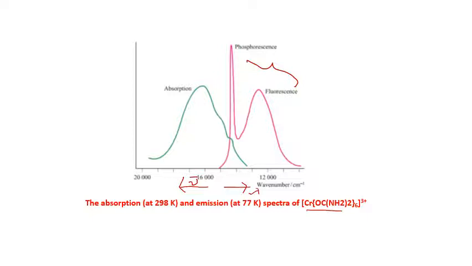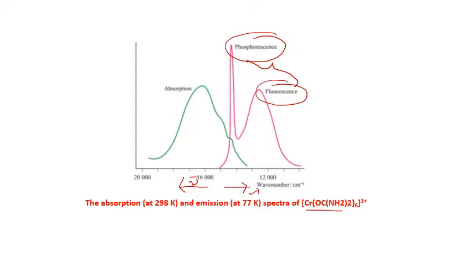This complex gives both fluorescence and phosphorescence. So this is luminescence from a d block metal complex, a chromium 3 complex with urea as the ligand.